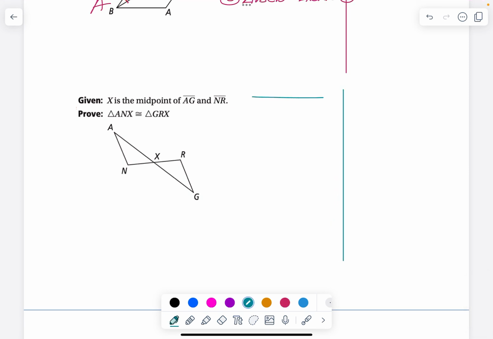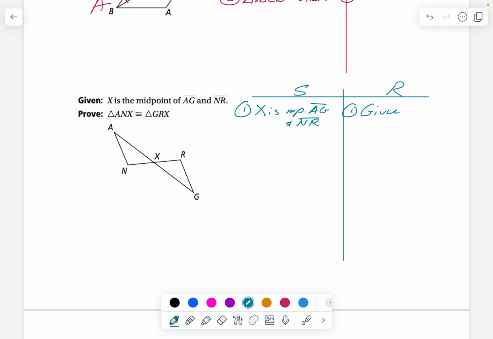Let's look at this one. One more example. Oh, this is a good one. We have X is the midpoint of AG and NR, and that's all that we're given. And so right now, there's nothing to mark that drawing with. So let's focus on one at a time.